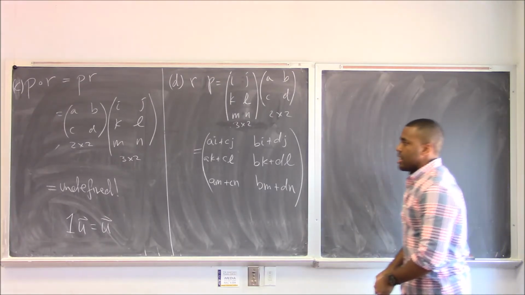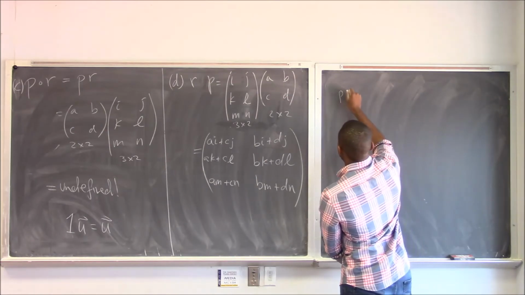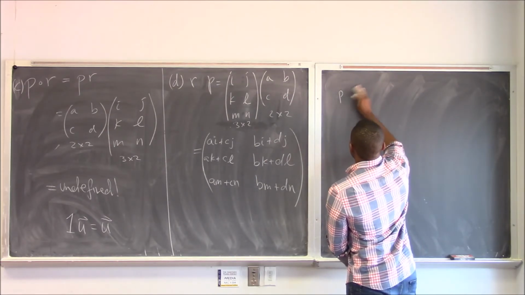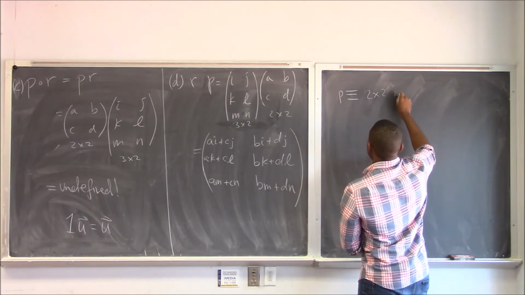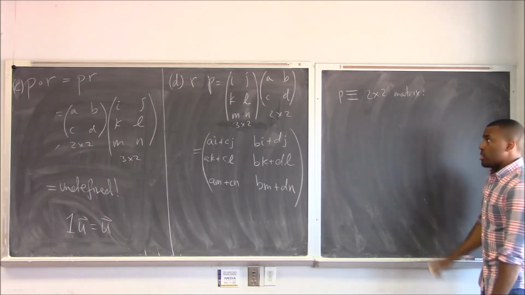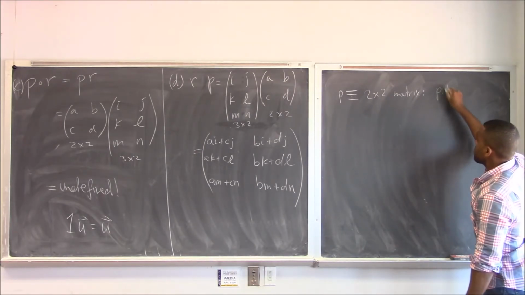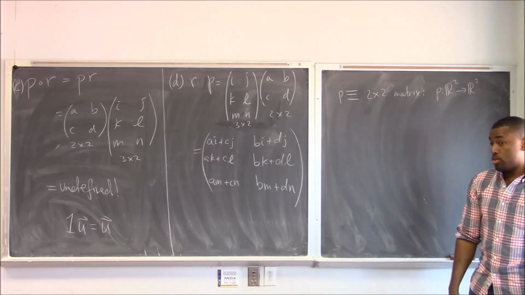How can I interpret this? So P I'm making equivalent to a 2 by 2 matrix, is what I'm going to call it. But what was P? It was a function from R2 to R2. It went from a 2-dimensional space to a 2-dimensional space.